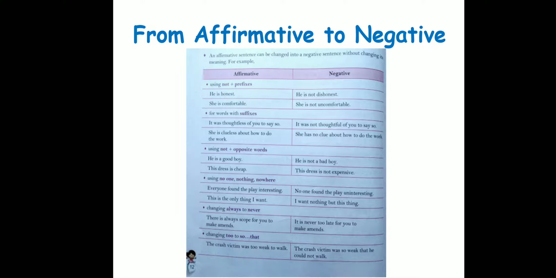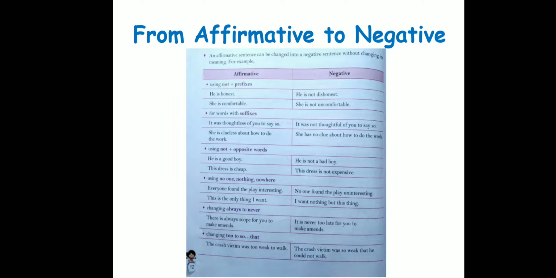Did you understand? So when I use no one instead of everyone, I am making it negative. And because I am using uninteresting in place of interesting, the meaning stays the same because I have used the opposite of the adjective. See, everyone found the play interesting. Ask yourself, what is the adjective over here? Adjective is interesting.